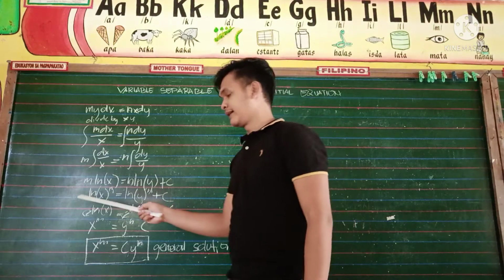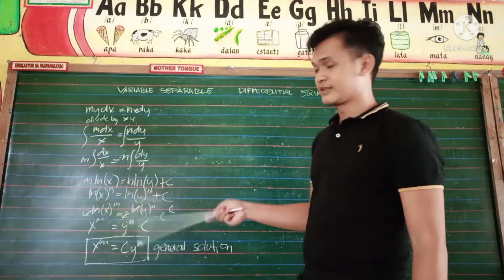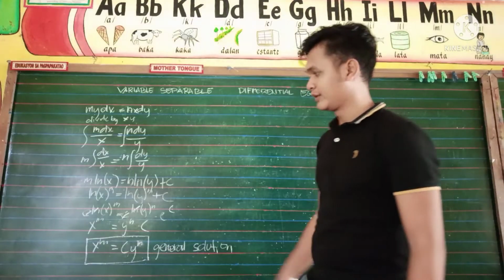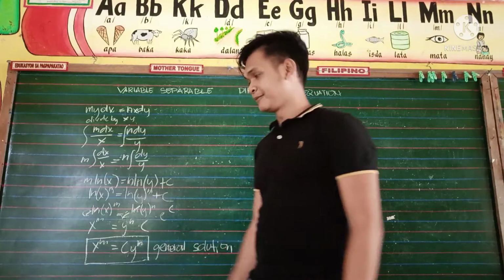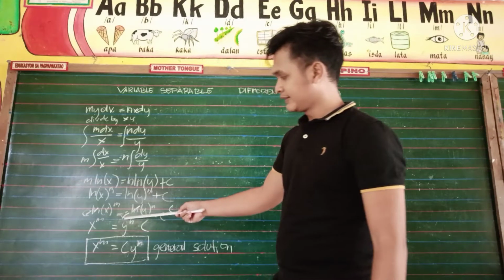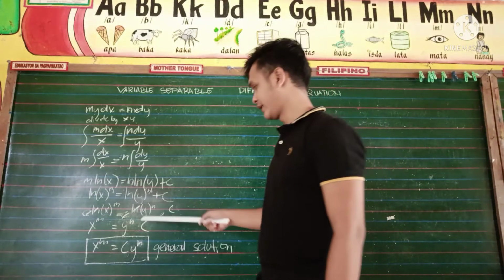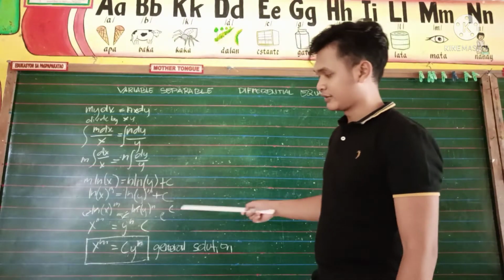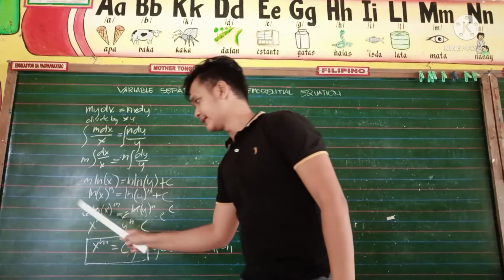So we have the ln sign on both terms. We need to cancel out the ln sign. We need to exponentiate both sides. So e raised to ln of x raised to m is equal to e raised to ln of y raised to n, and e raised to the constant c. So cancel out the e and the ln.